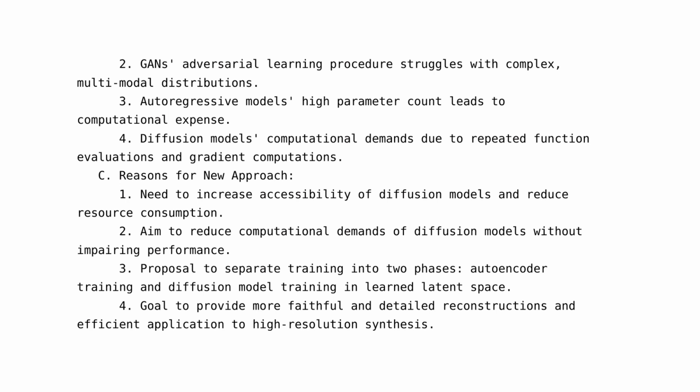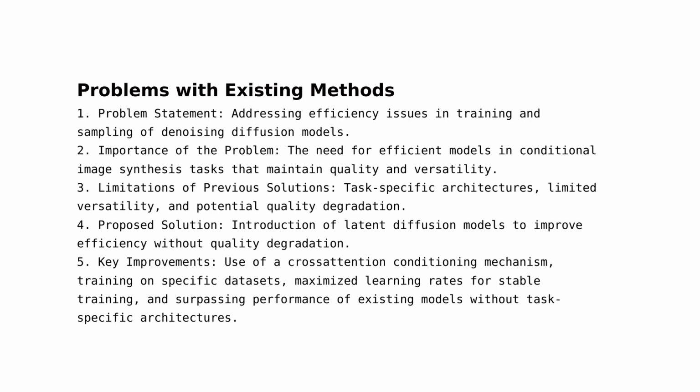The paper proposes to separate training into two distinct phases. First, training an autoencoder to provide a lower-dimensional representational space, and then training diffusion models in this learned latent space. This approach aims to provide more faithful and detailed reconstructions than previous work, and can be efficiently applied to high-resolution synthesis of megapixel images.